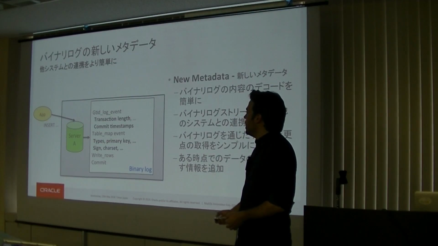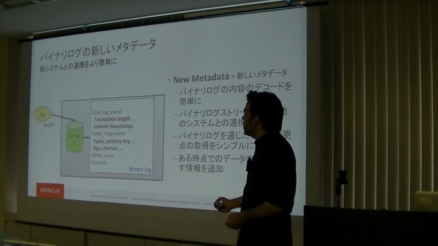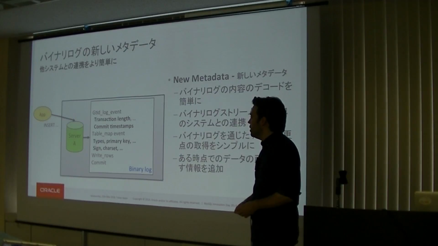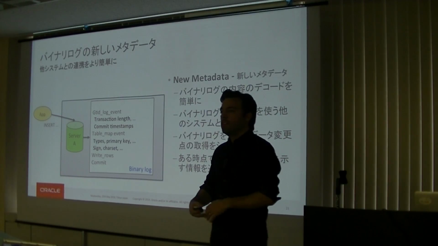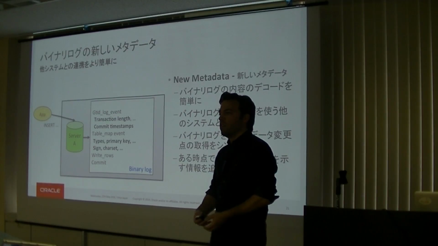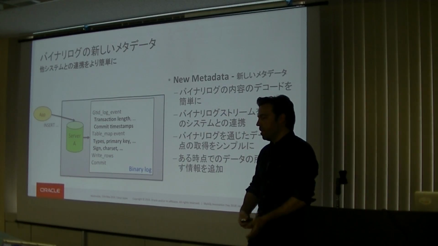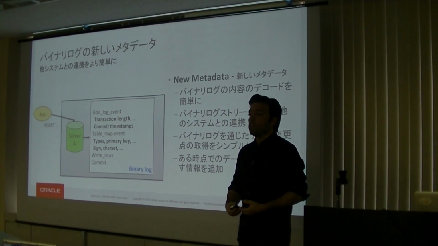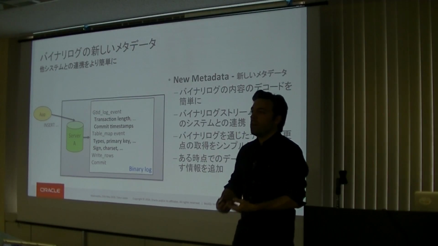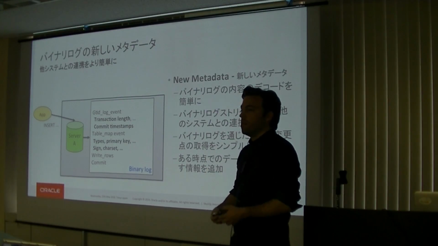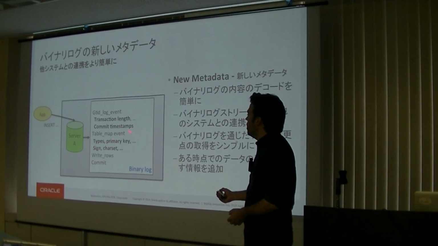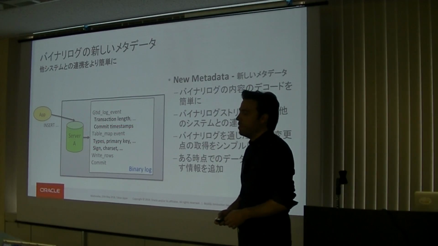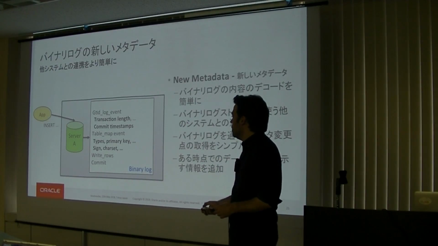And we added things like transaction length into the GTID log event, and commit timestamp. So this is not just useful for integrating the bin logs into some other systems, but as you will see, it also allows us to implement some other features in terms of observability. And this is especially related to the commit timestamp, so I'll go into that later on.